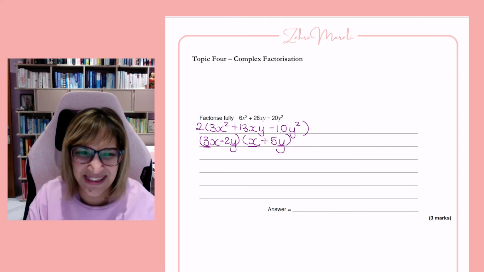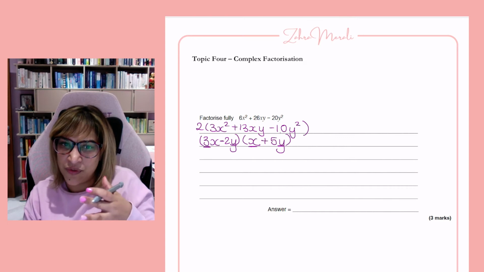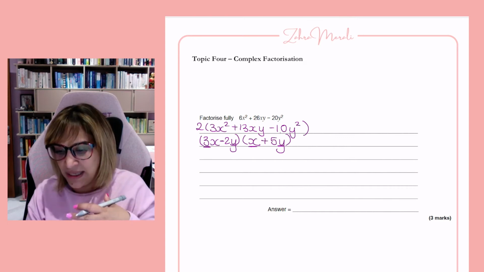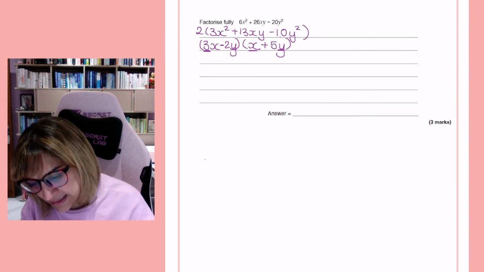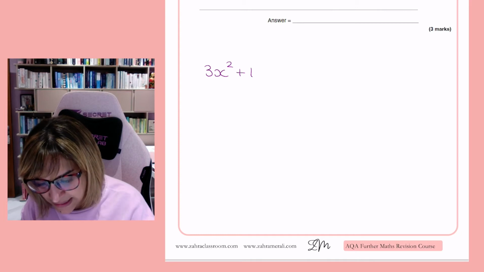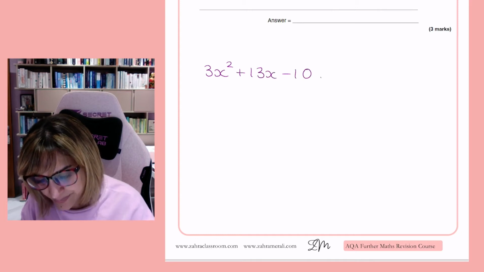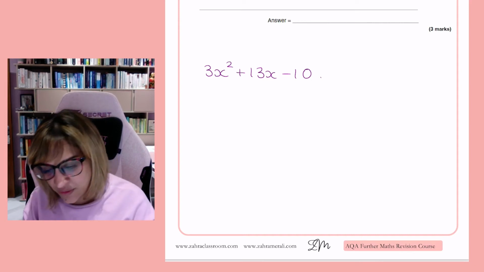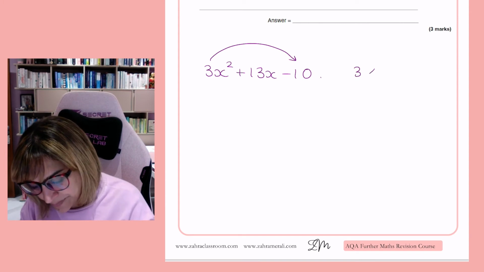Another way that you can do this is you can remove sort of the x or the y, as long as you put it back again. So for example, if it's easier for you, say I had 3x squared plus 13x minus 10. I know that you might use the method where you do 3 times minus 10 and you get minus 30.